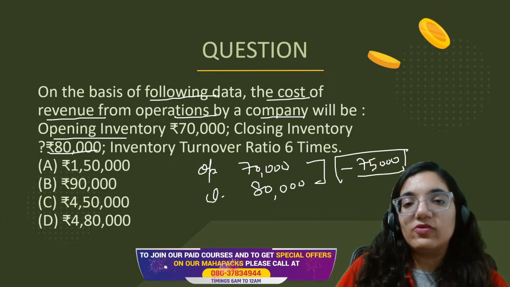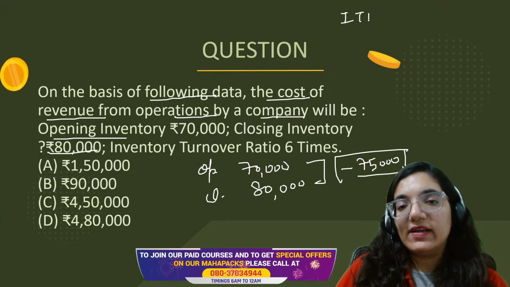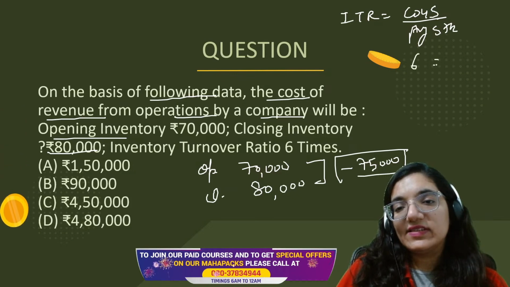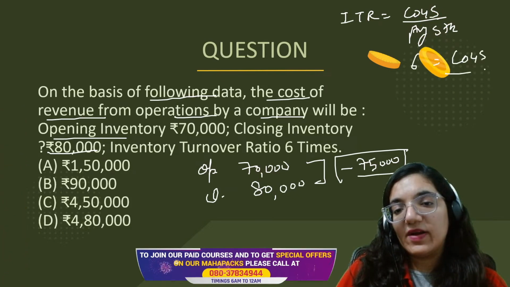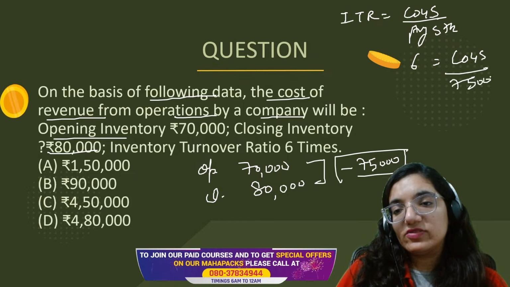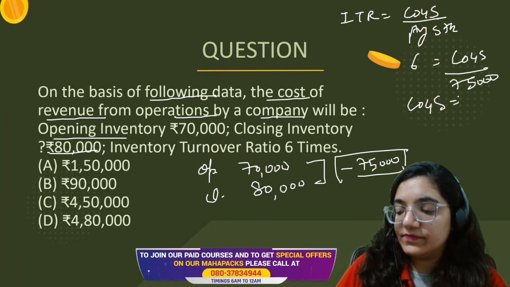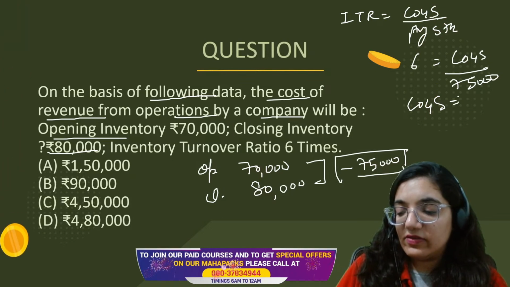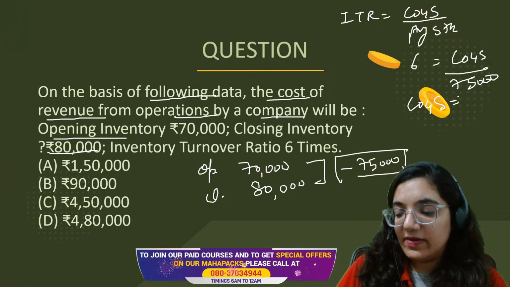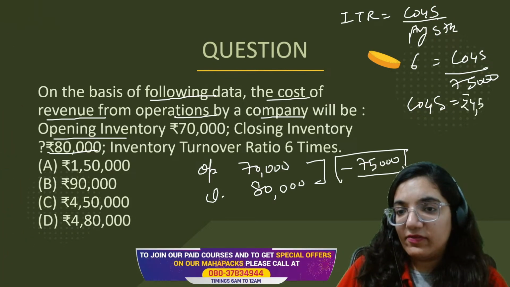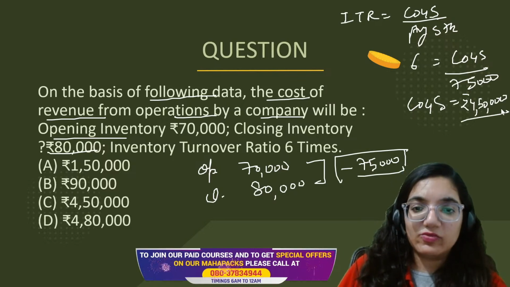Now if I use the formula, ITR is equal to COGS divided by average stock. This is 6 is equal to COGS divided by 75,000. That gives me COGS is equal to 75,000 multiplied by 6. It gives me rupees 4,50,000. Done everyone. So this would be the answer.